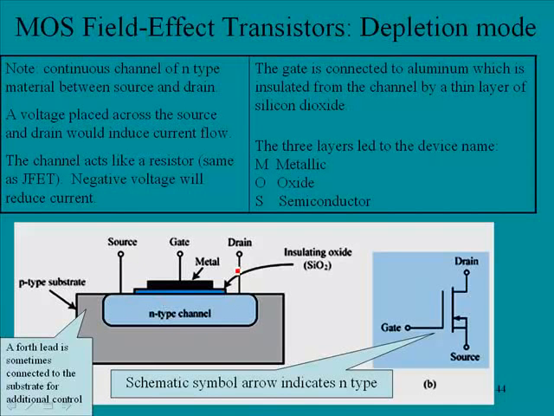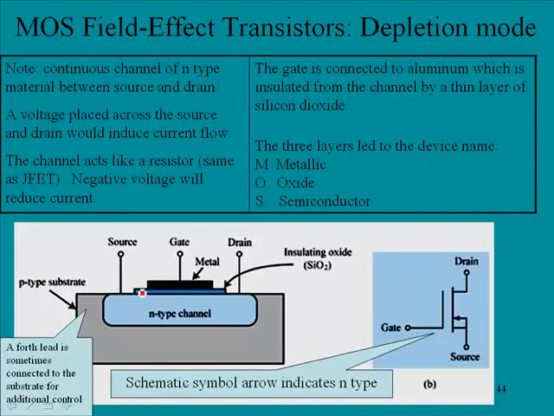The gate is connected to aluminum, which is insulated from the channel by a thin layer of silicon dioxide. So here we have our gate, and this is where we differ greatly from a JFET, in that we actually have a metal here. This is aluminum, and the aluminum is insulated from the channel by a piece of silicon dioxide.